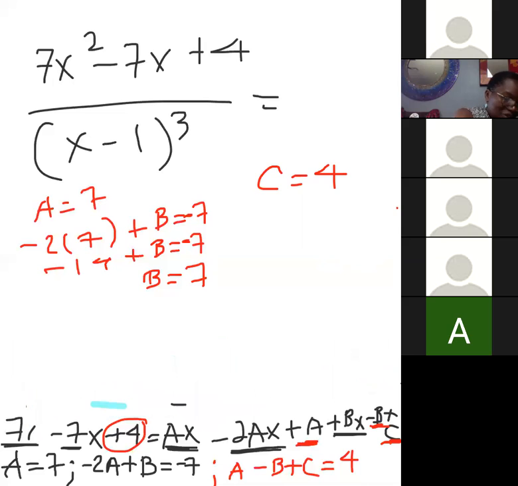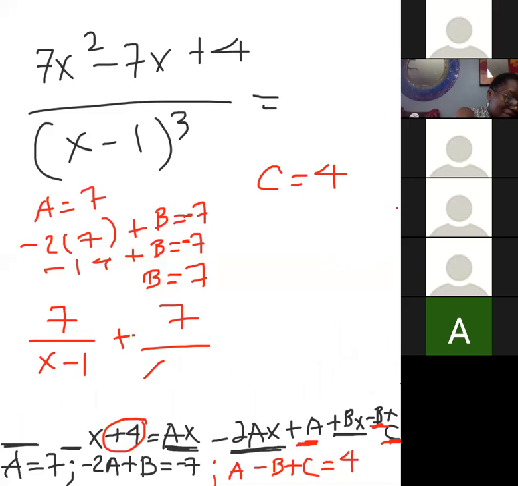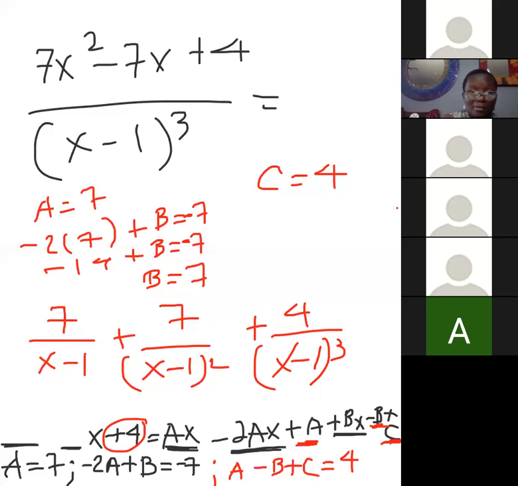So guys, the partial fractions will be 7 over x minus 1 plus 7 over x minus 1 squared plus 4 over x minus 1 cubed. Very interesting.